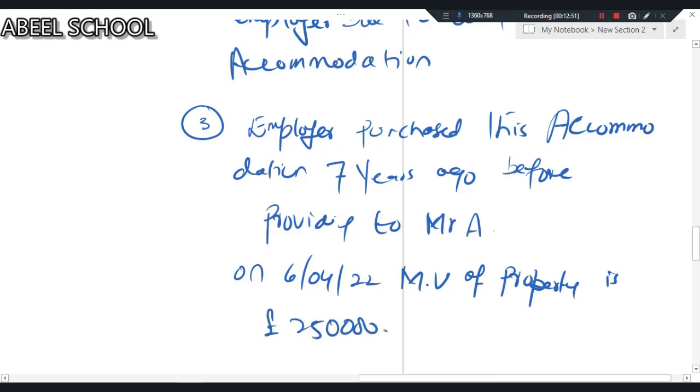All 3 cases are separate. They don't have a link with each other. In all 3 cases, you need to calculate taxable benefit. Either you can say 1, 2, 3 or A, B, C. It's up to you. But all you need is just to calculate taxable benefit.